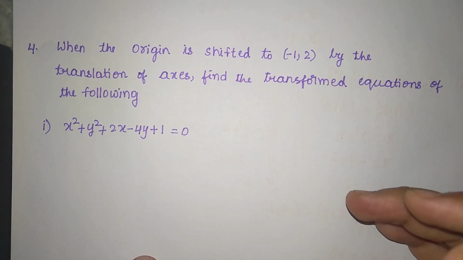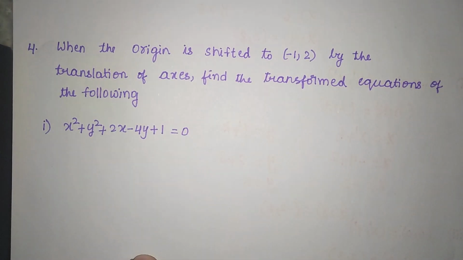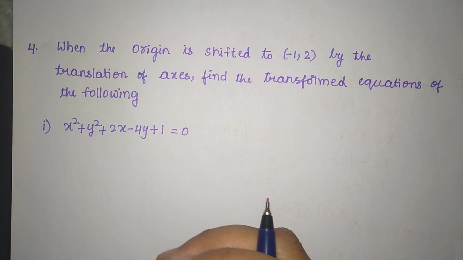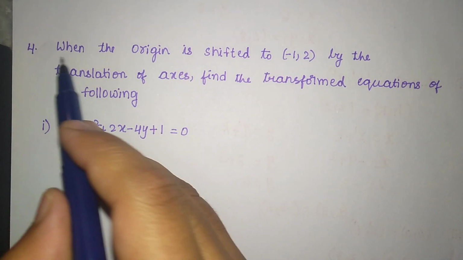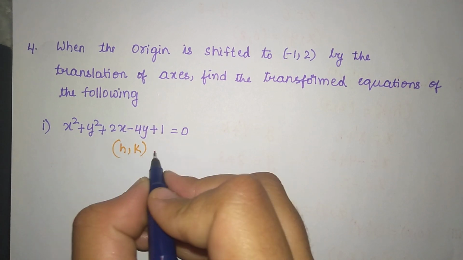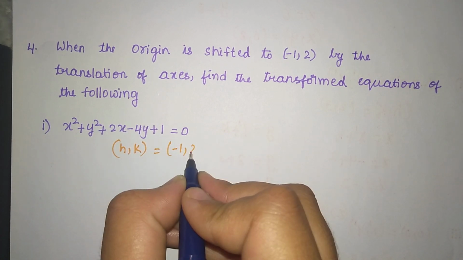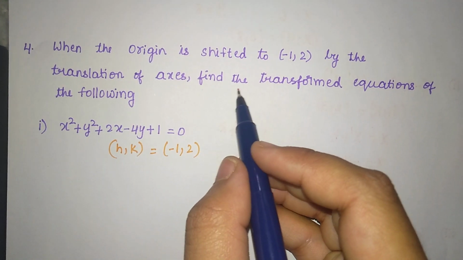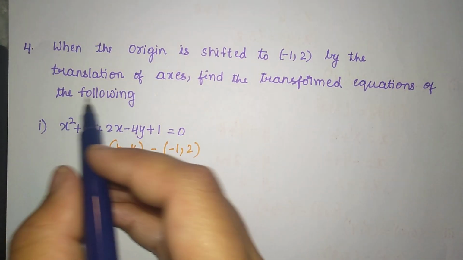Now let us do the fourth sum in the exercise. Okay. See, when the origin is shifted to, that means they have given h comma k. h comma k is minus 1 comma 2. By the translation of axis, find the transformed equation of the following.